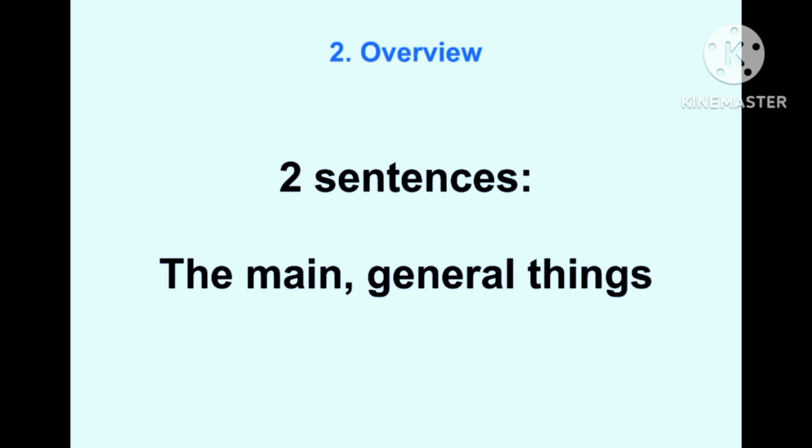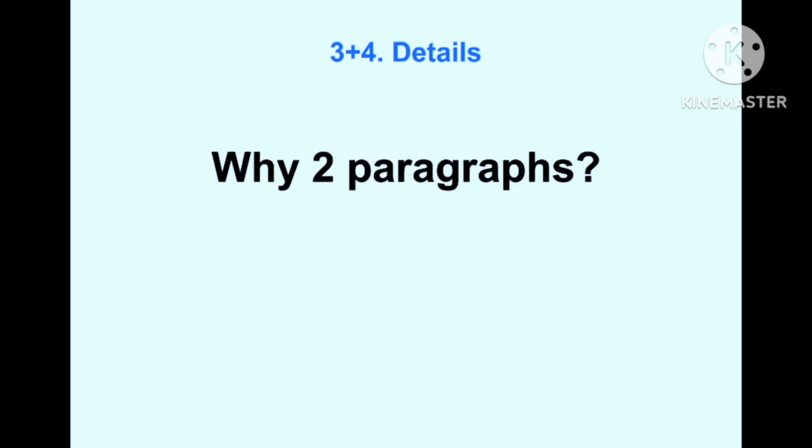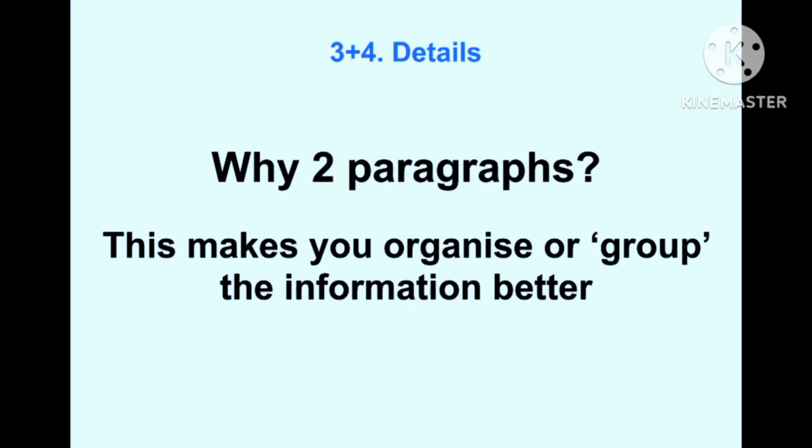Then finally, we have 2 paragraphs about the details. This is where you include numbers and you do your comparisons, you're describing trends if there are trends shown. Sometimes people ask me, why do we need 2 paragraphs? Well, the simple answer is this makes you organize or group the information better. If you've got numbers, you might put all the higher numbers in one paragraph and the lower numbers in another.